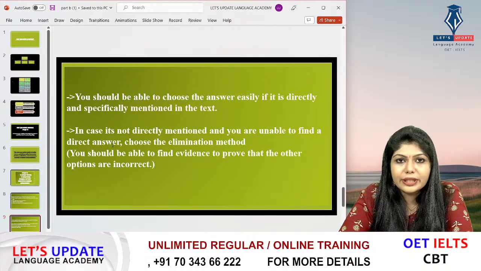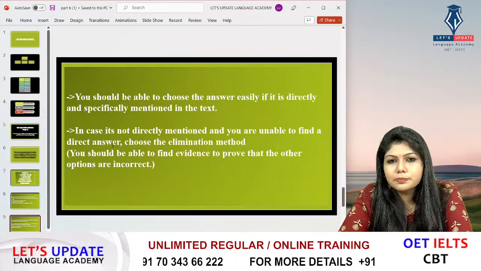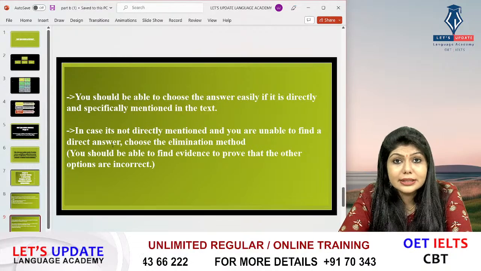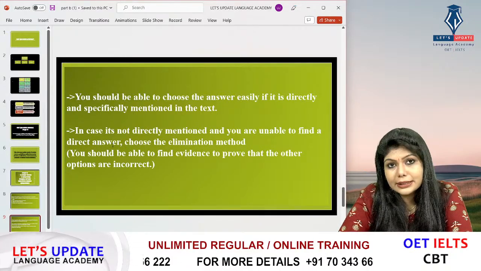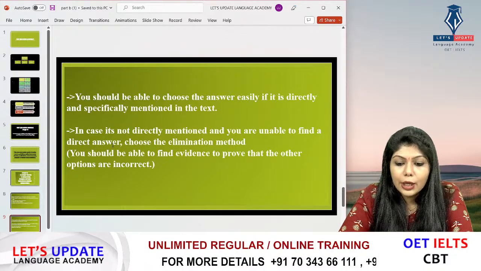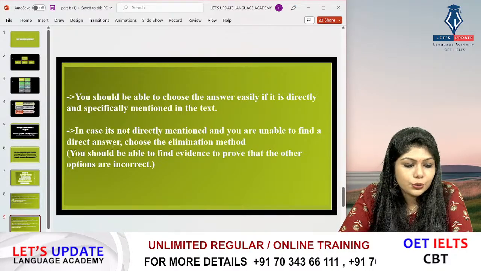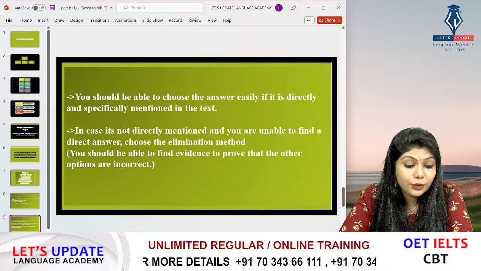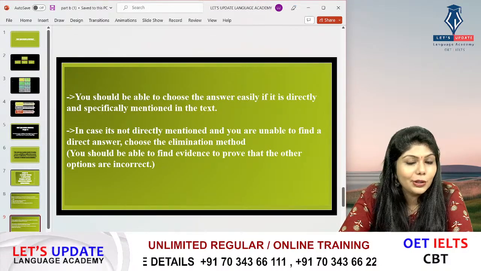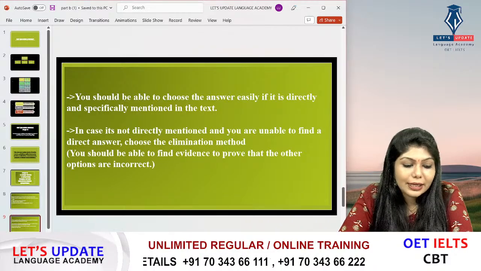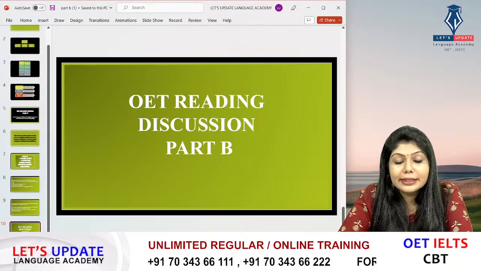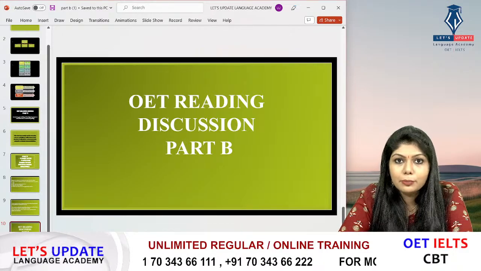You can also see whether the correct answer is suggested or hinted at in the text. You can choose whichever is convenient for you, depending on whether the extract is directly mentioned or not. Now we shall begin the reading discussion of a part B module today.